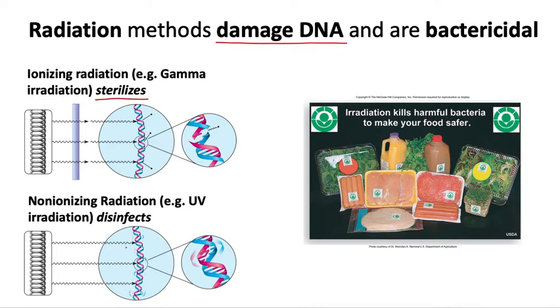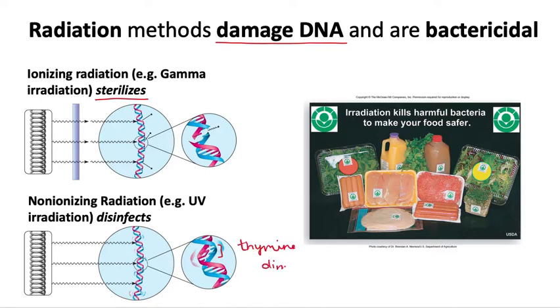UV radiation also damages DNA, but it's not as harsh as gamma radiation. What it does is it creates these little mini breaks, not really breaks, but it's a type of damage called thymine dimers. You don't have to write this down.